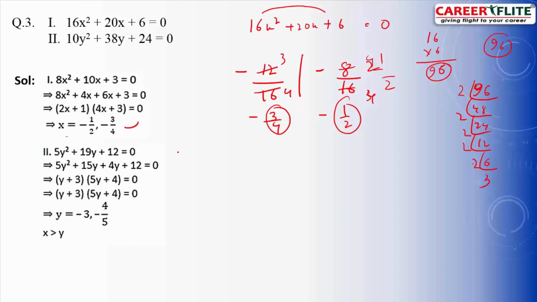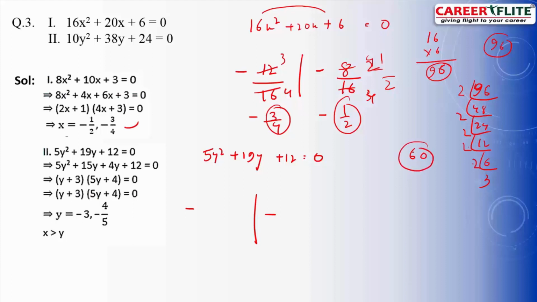For this equation, 5y square plus 19y plus 12 equal to 0, similarly first see the signs. This is plus, this is plus. So this plus will always change to minus, this plus will look back and see there is a plus, means plus is always bad, so I must change myself, I will be minus. Now 12 fives are 60.